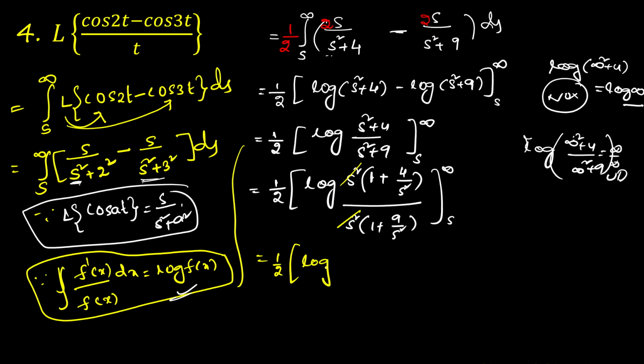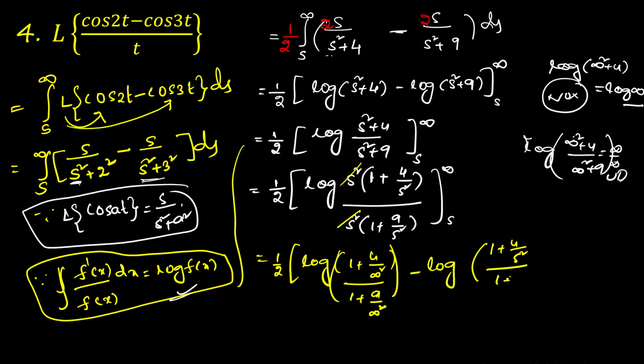I'm applying the upper limit: log of 1 plus 4 by infinity square by 1 plus 9 by infinity square, minus the lower limit. The lower limit is s: 1 plus 4 by s square by 1 plus 9 by s square.